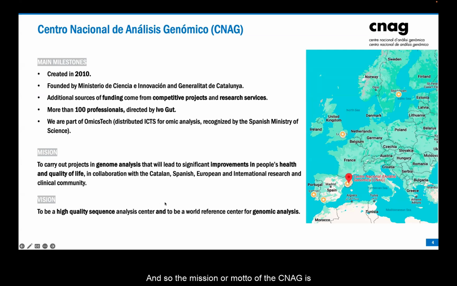The mission or motto of the CNAG is to try to improve people's health and quality of life by using genomic analysis. So we aim at being a high quality center for sequencing and also complement this sequencing with highly specialized genome analysis.